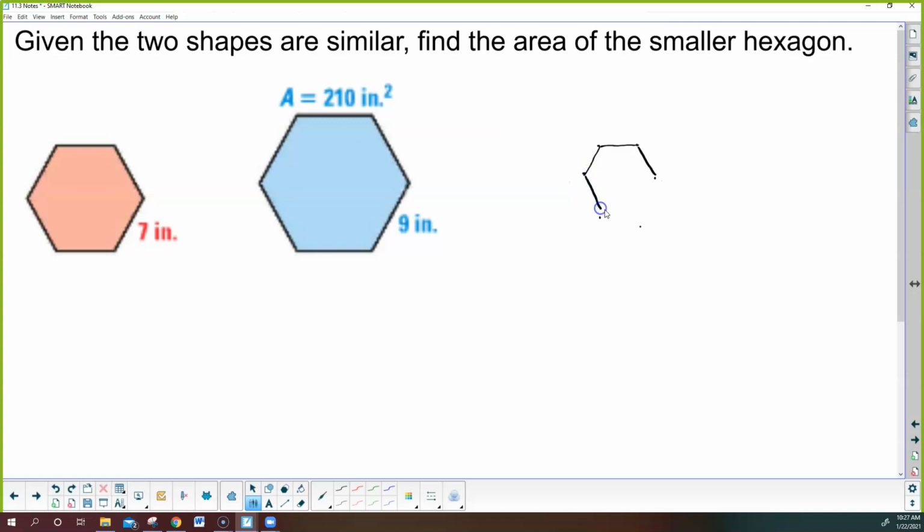That's a pretty good way to draw hexagons. Sometimes that's hard. I mean, look at mine. It's not great. Anyways, that's a little hint.